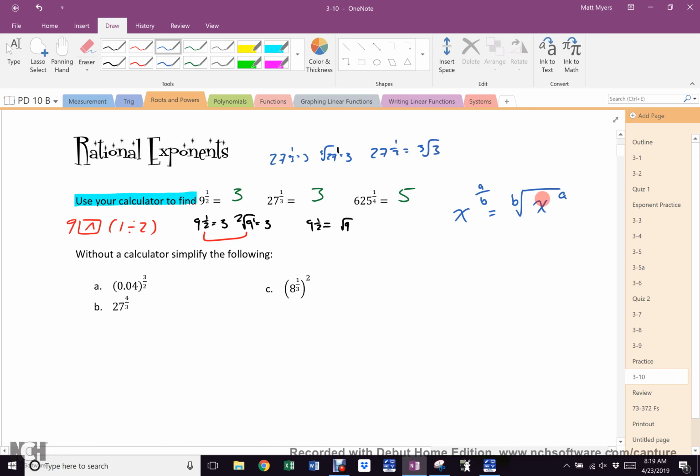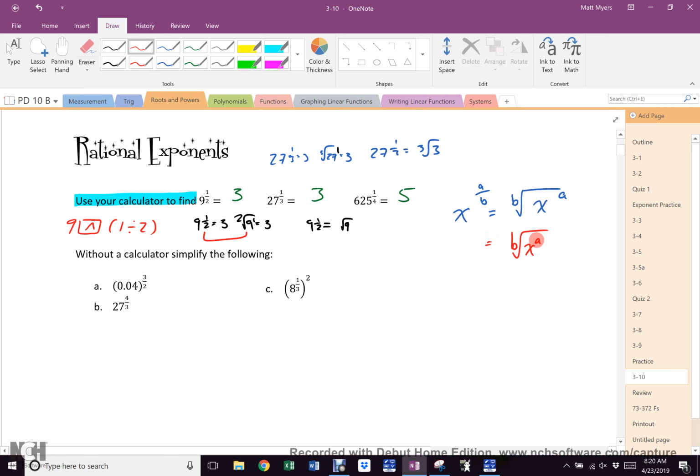Now, this can be a little bit confusing, and here is what I mean. This side here means two different things, kind of like 1/3 x is the same as x over 3, right? This here could mean b root x, and the x gets the a.